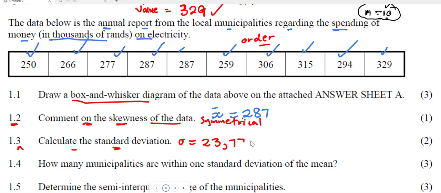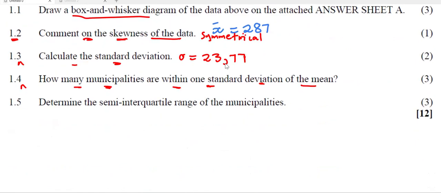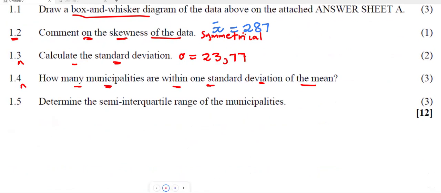Just like that. Then we move on to another part, 1.4. How many municipalities are within one standard deviation of the mean? Within one standard deviation. All right. Also, guys, I referred to this one separately as a class.